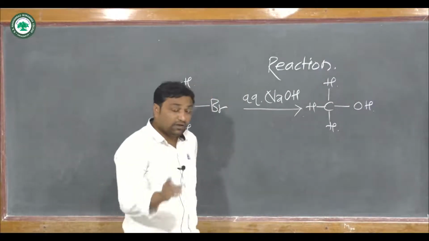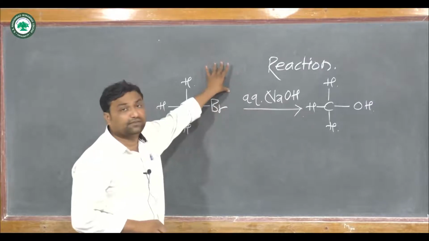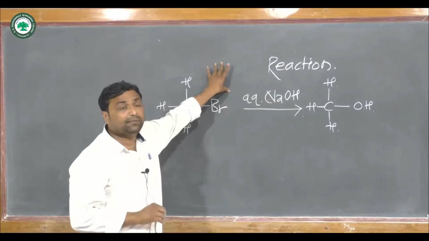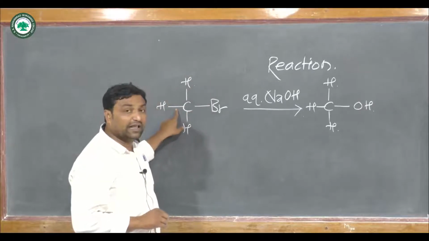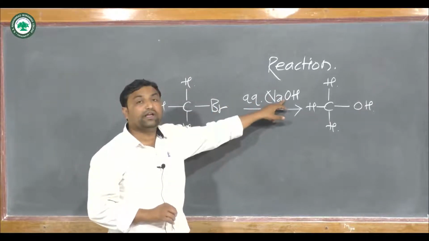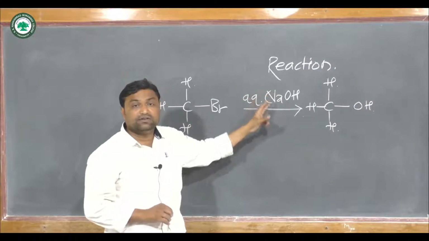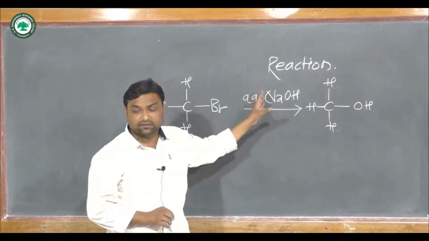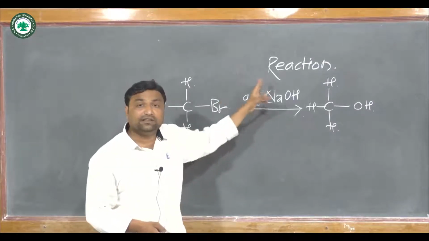We have already seen that the rate of this reaction depends upon the concentration of alkyl halide and nucleophile. That's why it is second order in nature. Hence we move towards the kinetics of this reaction.